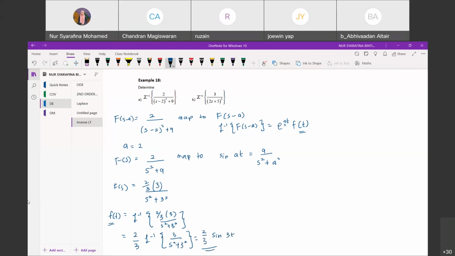Now, coming back to this, the inverse transform of 2 over (s minus 2) squared plus 9 equals e to the power of 2t multiplied by f(t). Okay, clear now?